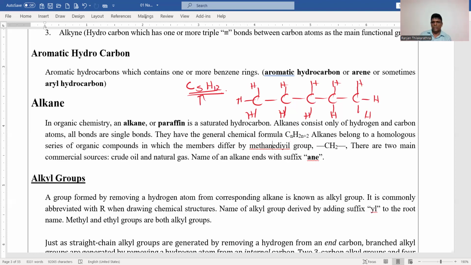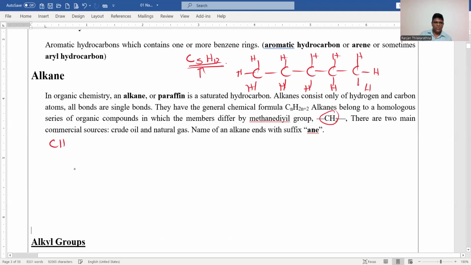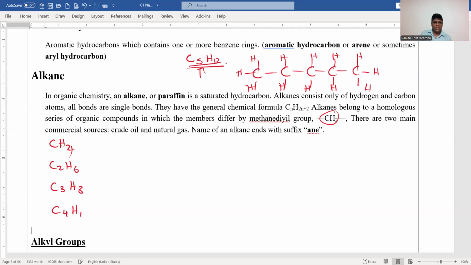An alkane belongs to the homologous series of organic compounds in which the members differ by the CH2 group. Say you have hydrocarbons CH4, C2H6, this is 2 into 2 plus 2, 6, and C3H8, 3 into 2, 6, 6 plus 2, 8, and C4H10 like that.